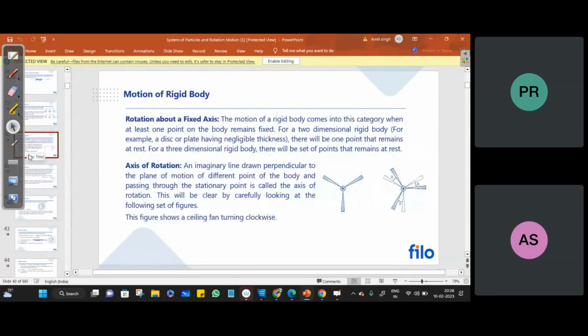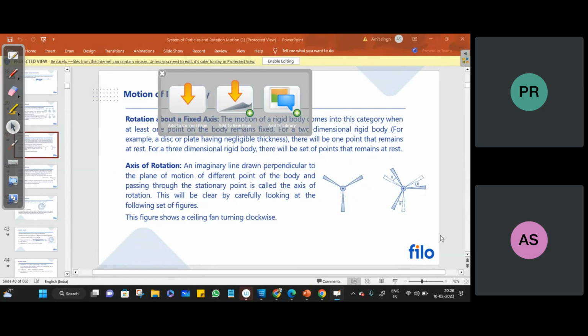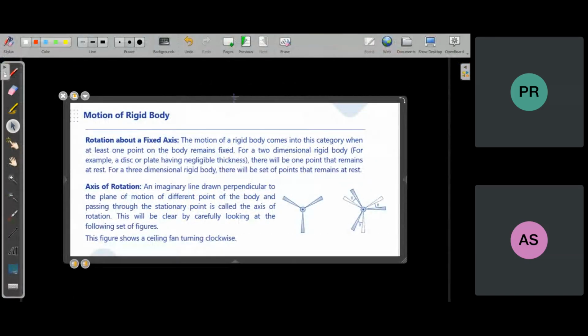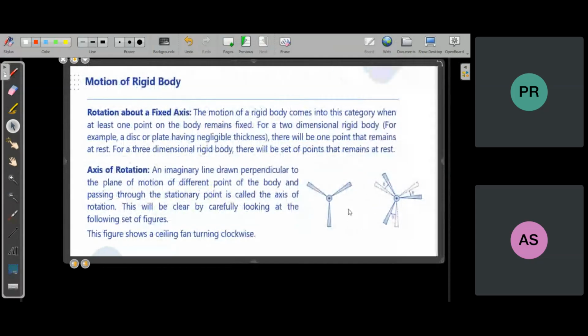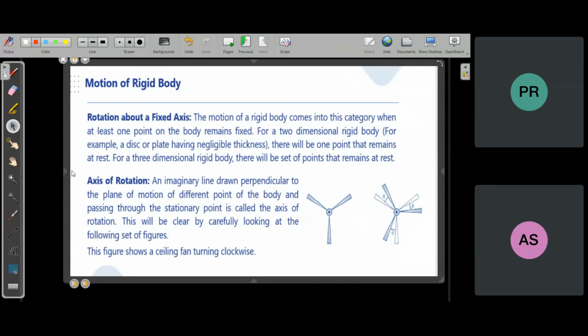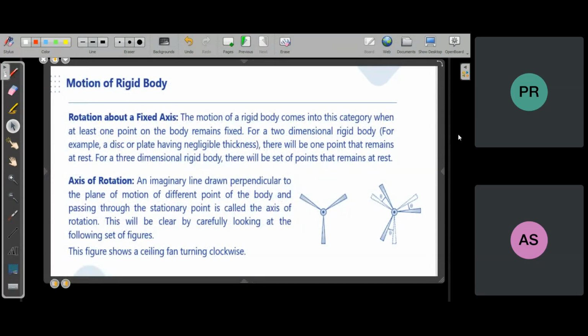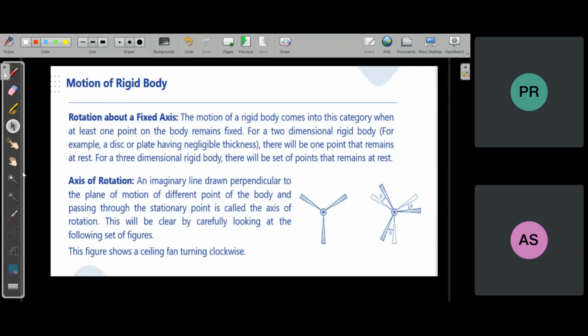For example, here you can see rotation about a fixed axis. For example, rotation of a ceiling fan. In case of rotation about a fixed axis, all the particles of the body go in a circular path, and the centers of all the circles lie on an imaginary line which we call the axis of rotation.